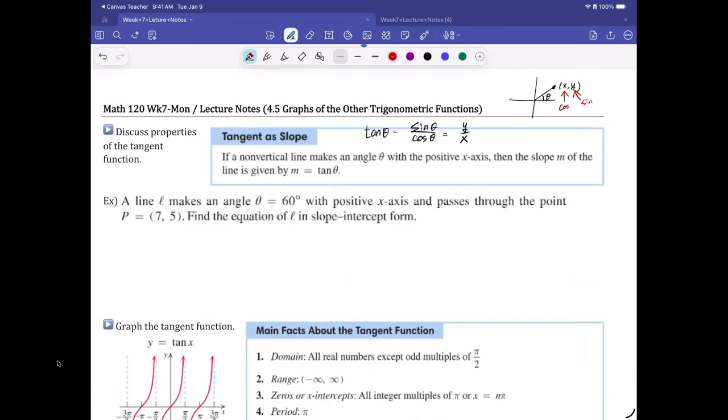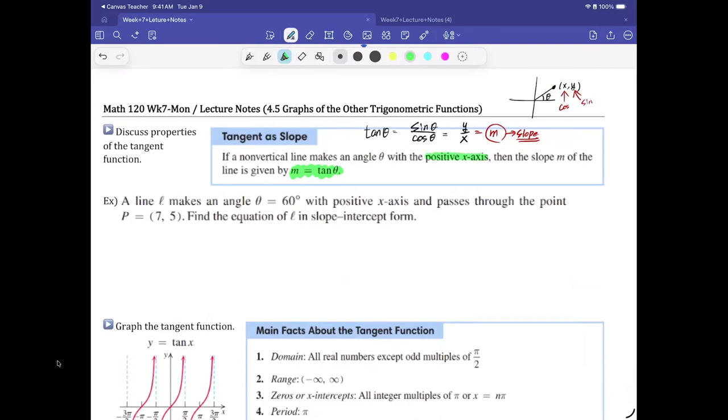So how do we find tangent theta? Sine over cosine. That is what is actually talking about slope. So tangent theta is talking about slope, but it must be measured from the positive x-axis.